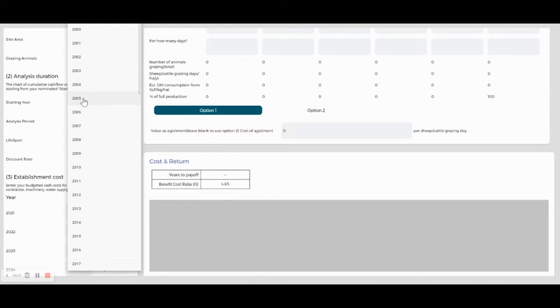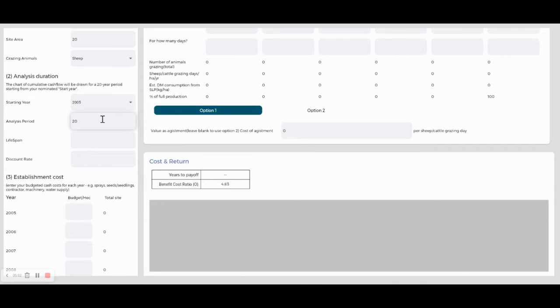So we'll change that to 2005, and the actual year doesn't matter. It's the time from the start that's important, and therefore putting the number in that's relevant for when you're expecting to establish your pasture.